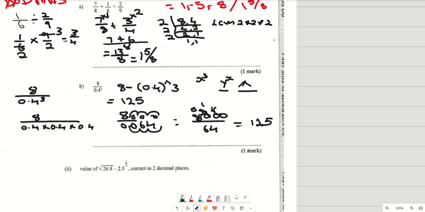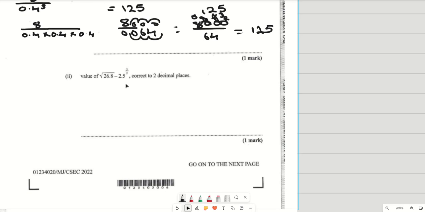Then 160. 64 into 160 is 2, minus 128, then you have remainder 32. 64 into 320 is 5. Again, I don't recommend this method. It is quite long and too much working for 1 mark when you could just simply use your calculator. And in both of them you'll get 125 at the end.